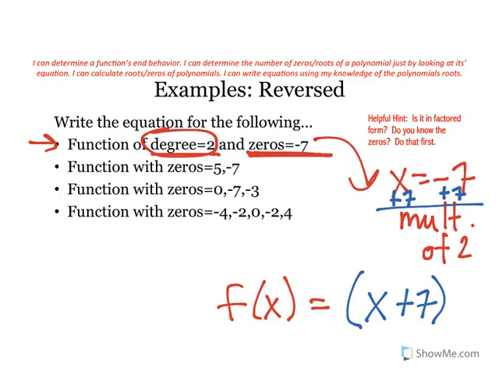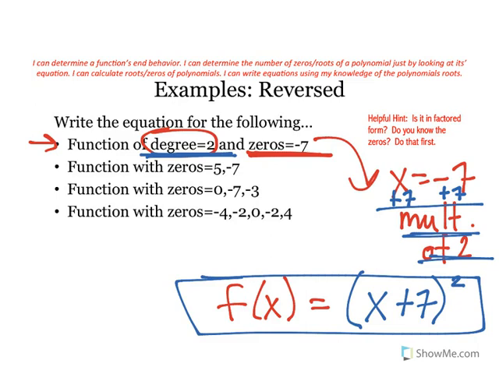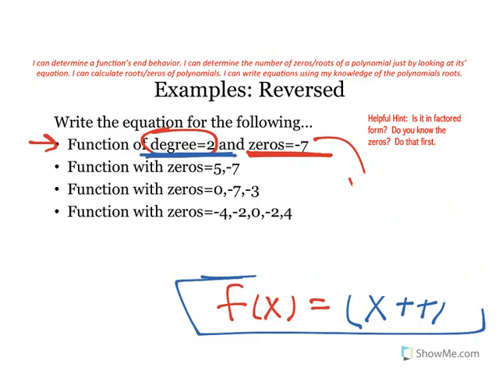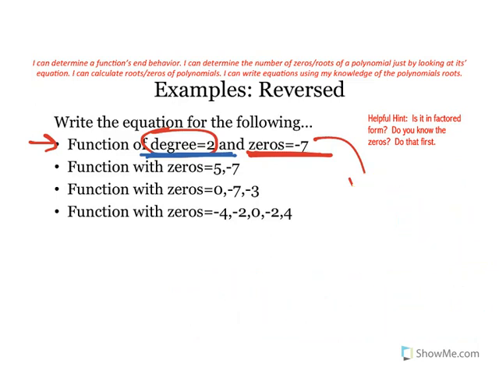Now, our last piece of info is that it's a degree of 2. Well, I don't see a power of 2 written in my function. My solution has to count twice. So throw a squared on that solution, and there's the function for your first problem. And if you can do one of these, you can do a million of these.